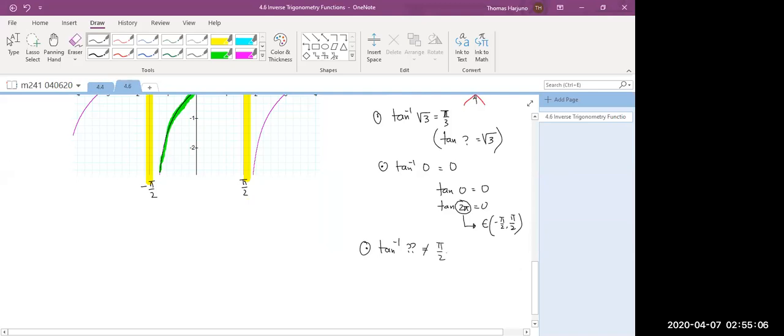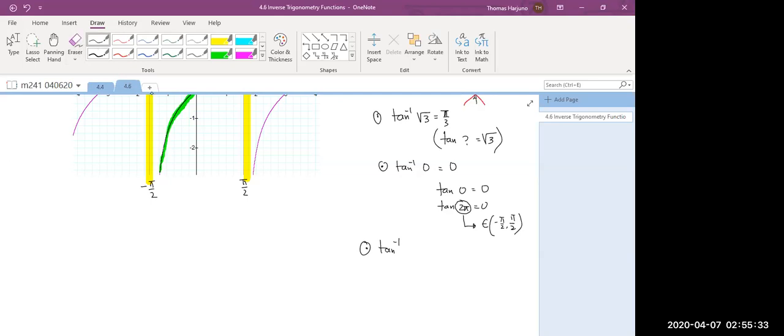Once you tell me what number goes here, it will never be pi over 2, because tangent pi over 2 is no such number, right? So whatever number I put in here, the output will not be pi over 2. Okay?